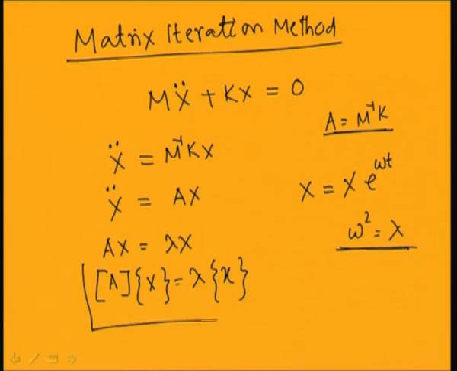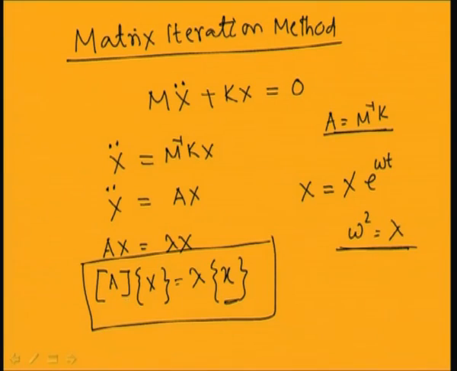You just note that using this dynamic matrix A and the normal mode or mode shape of the system, you can observe that this mode shape repeats itself.